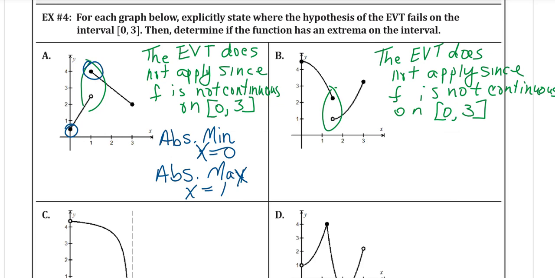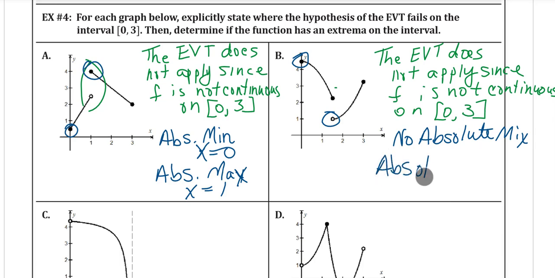But what you'll notice is our lowest point is a hole. So we don't have an absolute minimum. But we do have an absolute maximum here. So here we have one of the two, even though the conditions are not met.